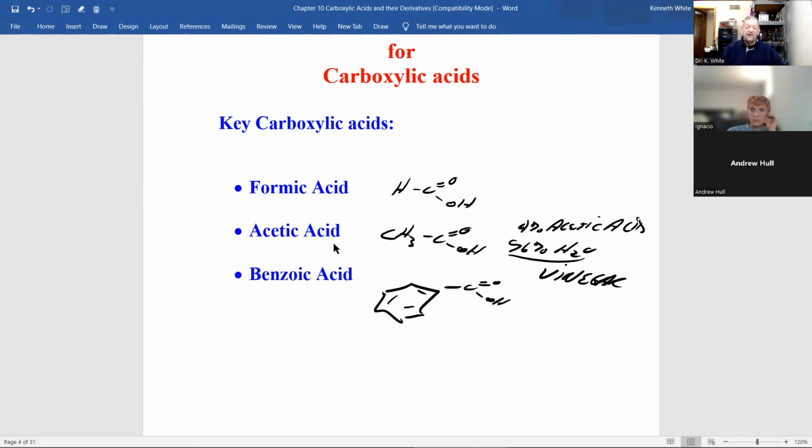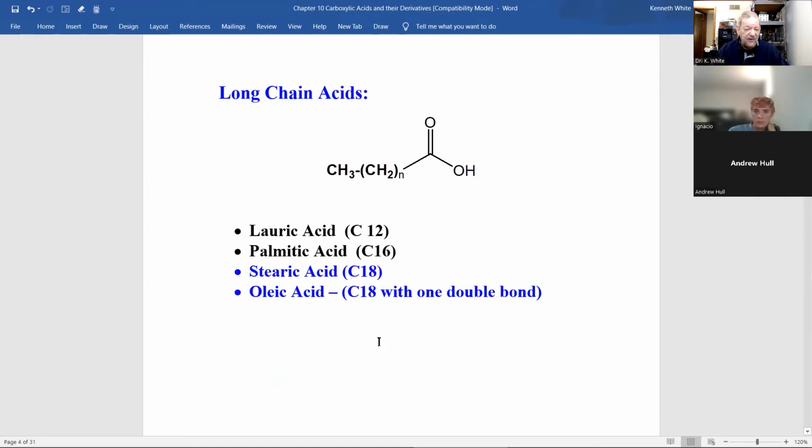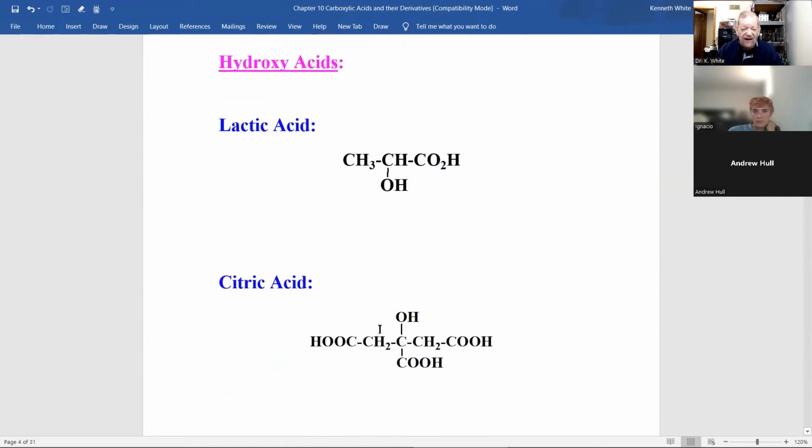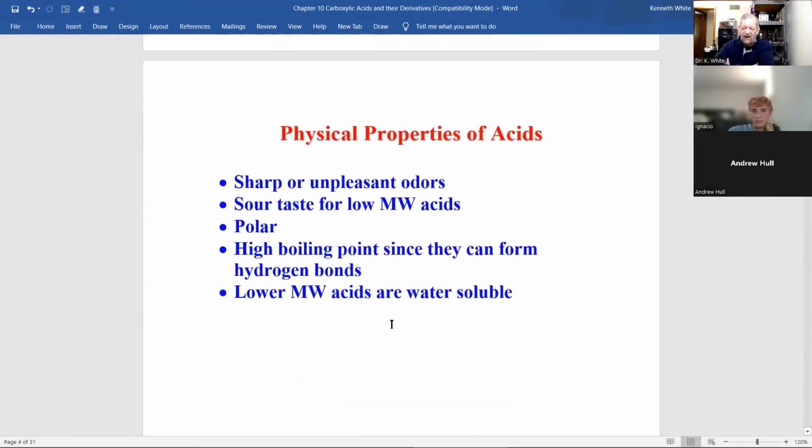You have vinegar, which contains 4% acetic acid and 96% water. And I talked a little about the longer chain ones. I talked about lactic acid and citric acid. And I think this is where I left off.